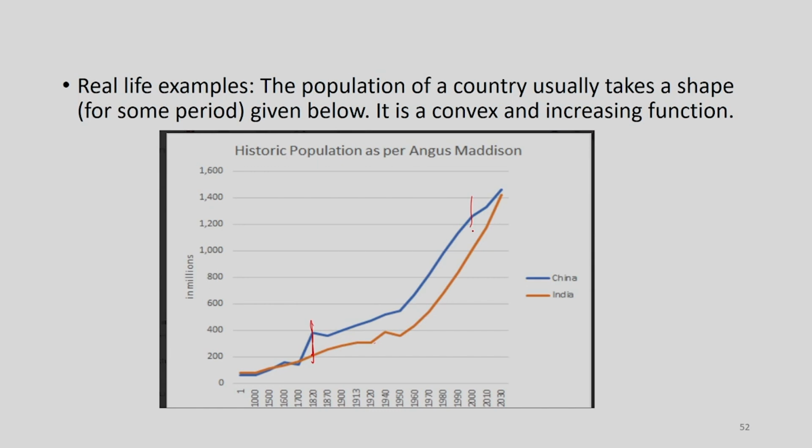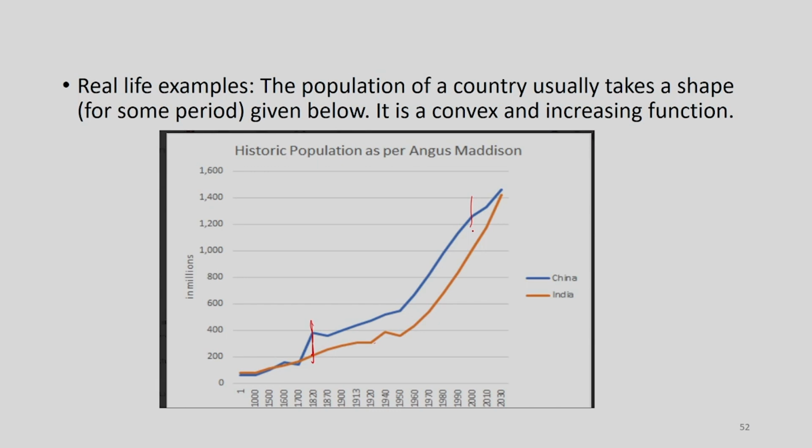Well, you can ask that in India also there were some policies to control the population. Yes, there were some policies which were quite draconian. For example, in the emergency period, that is late 1970s, again at the same time when China introduced its policies. But India's policies were not as stringent or as draconian as the Chinese policies were.